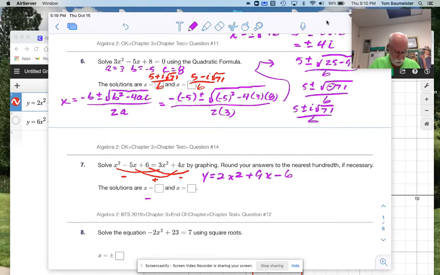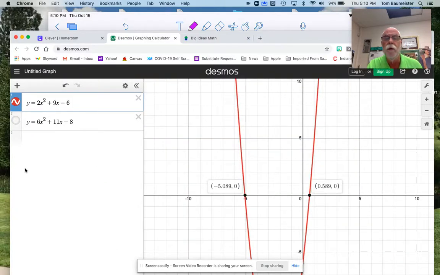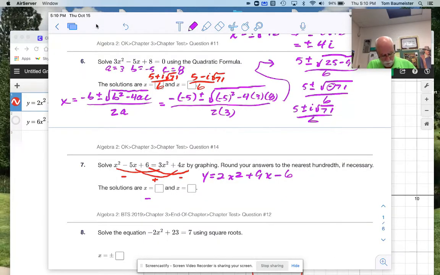Or is that 509? Excuse me, it's negative 5.09, right? My bad. Yeah, negative 5.09. Thank you for putting up with me. Negative 5.09. And then we had 0.59. So those are our answers.